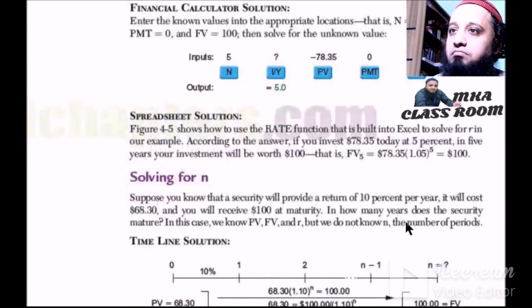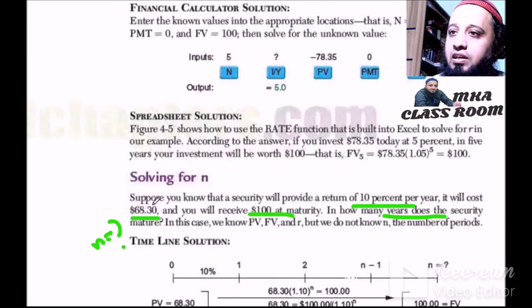That is our problem. That means you have to solve for n. What will be our value of n?